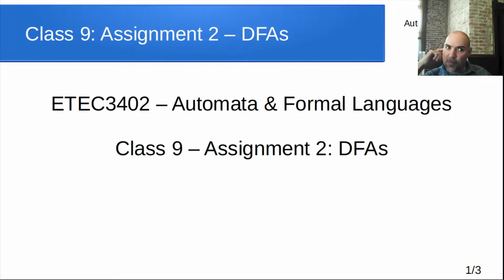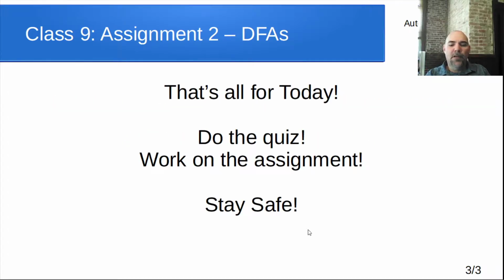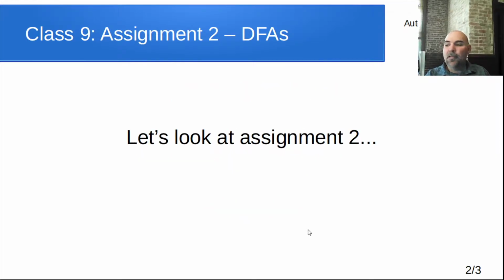You should probably get familiar with those definitions before you take the quiz. And one final thing, the difference between a function and a relation as represented by a set of pairs. So if I were you, I would take a look at those things and then take that quiz. Now let's move on to looking at assignment 2.